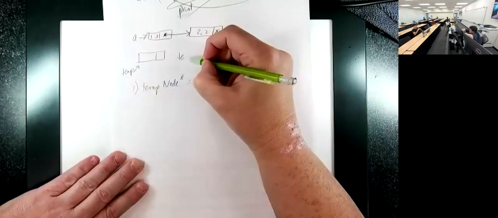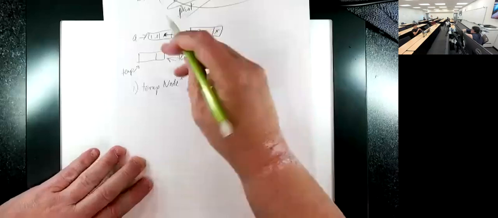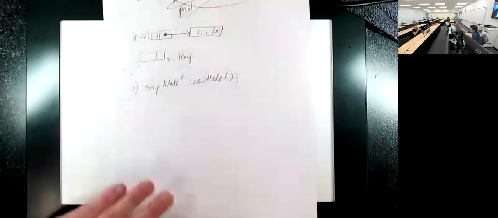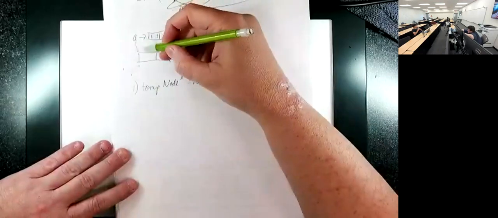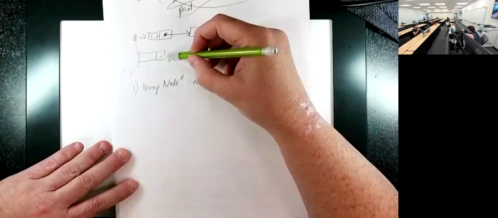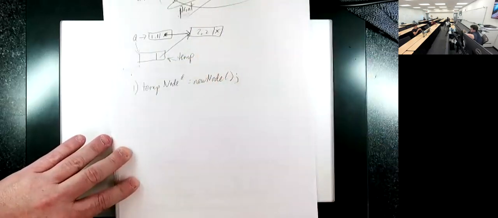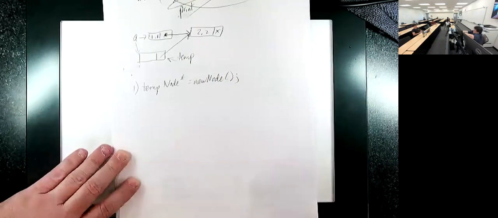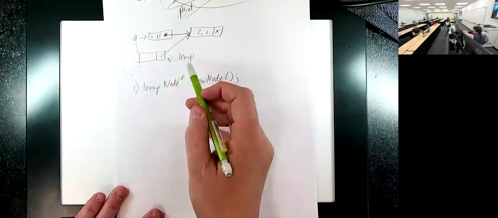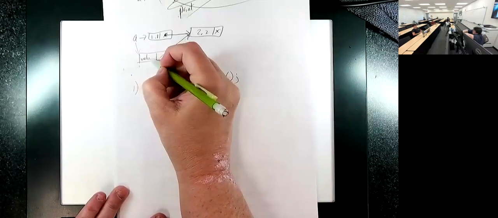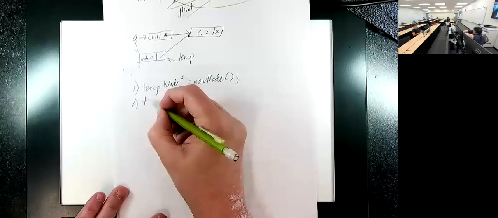I'm gonna write temp there. And what we want to end with is we want A to point here and this to point there. And we also have the value. So we do the value real quick, temp value.